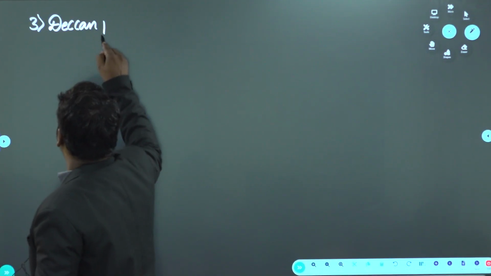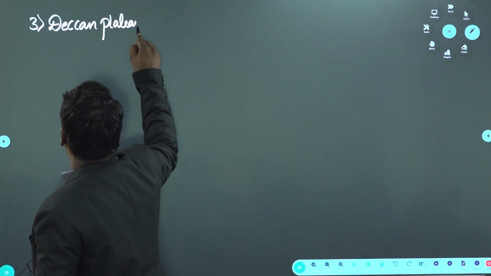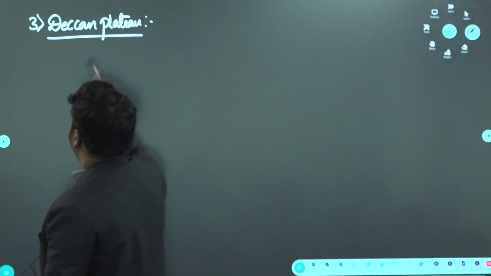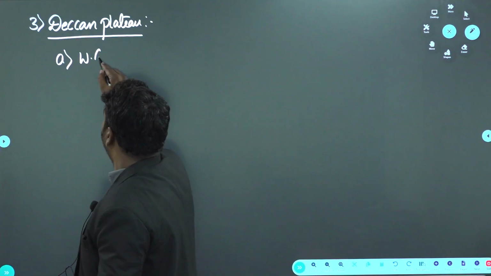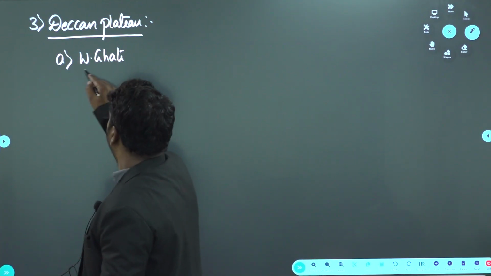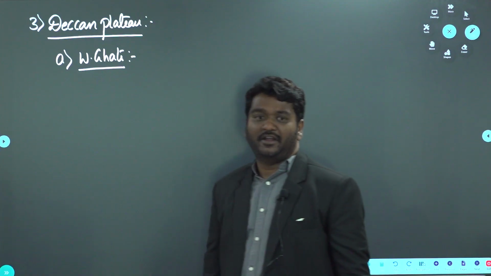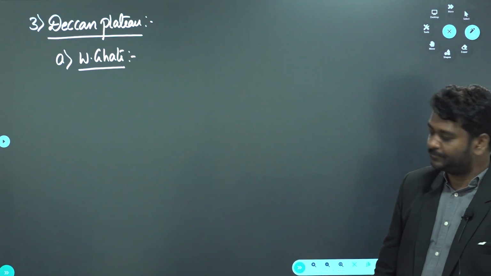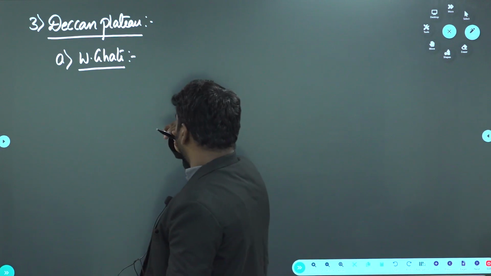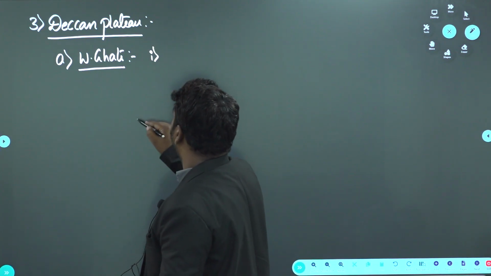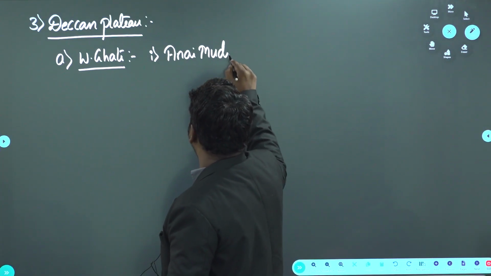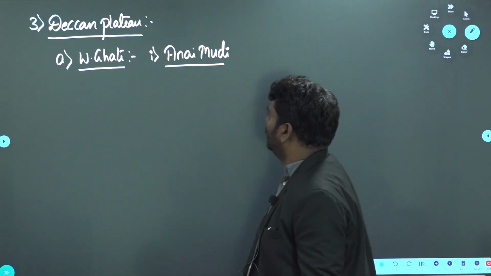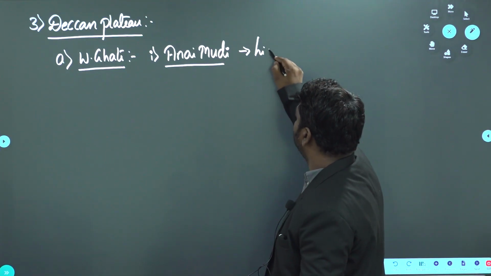Next. Deccan Plateau. In Deccan Plateau, you'll have Western Ghats. Anaimudi is the highest peak.